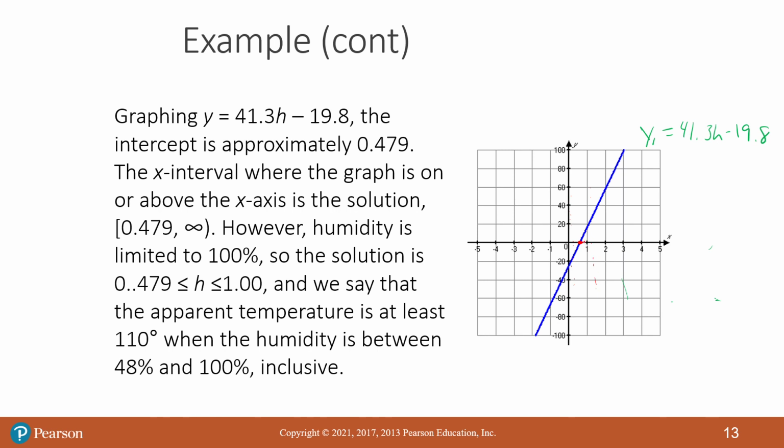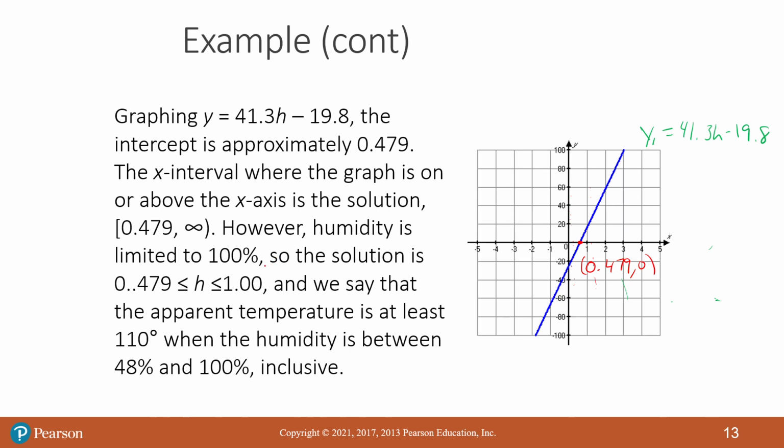You'll get a dotted line on the right to bound it. Then you'll move your cursor to about where you think it is, hit enter a third time, and it will tell you that this intercept point is approximately 0.479 for your x value. Your y value will be 0. You can find that on your TI calculator.